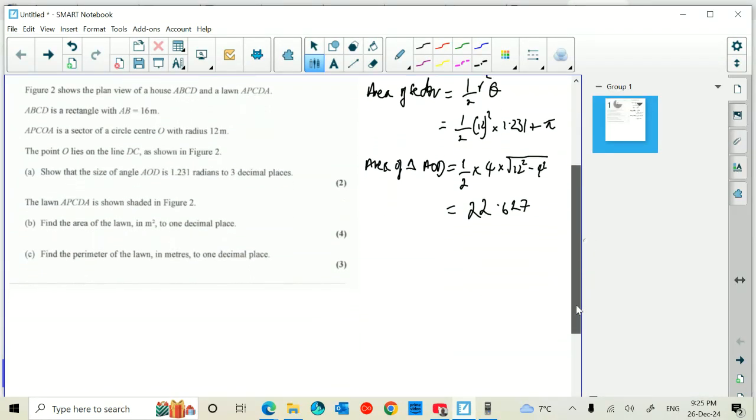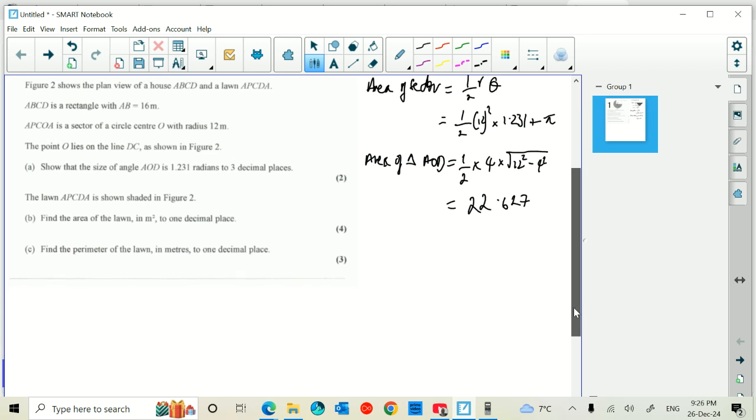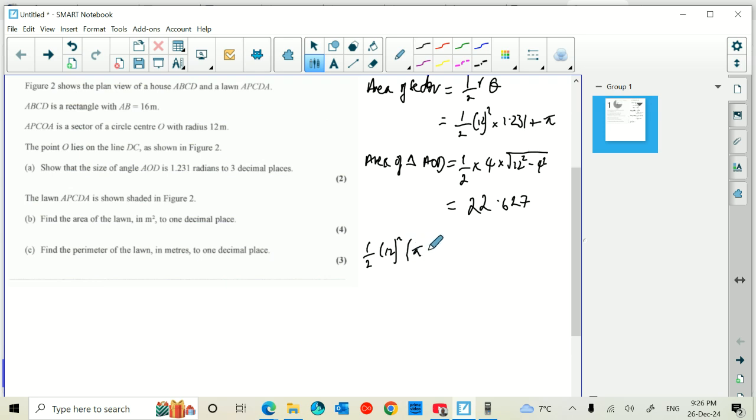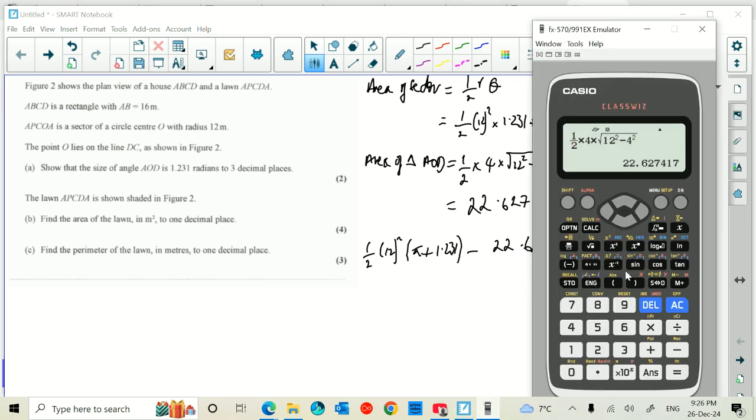Now, in order to find the area of the shaded region, the sector, we're going to do a half times 12 squared times theta, where theta is pi plus 1.231, and we're going to take away the area of the triangle, 22.627, and that should give me the answer. So let's see what we end up with.